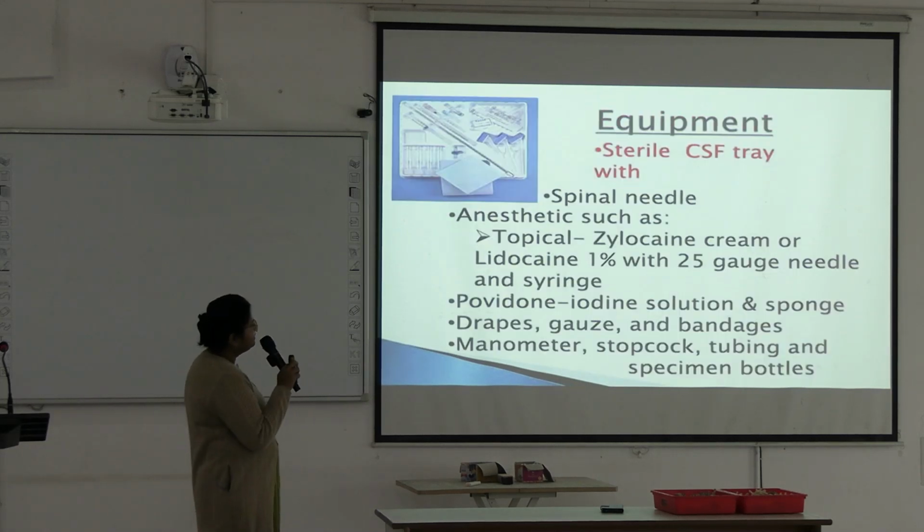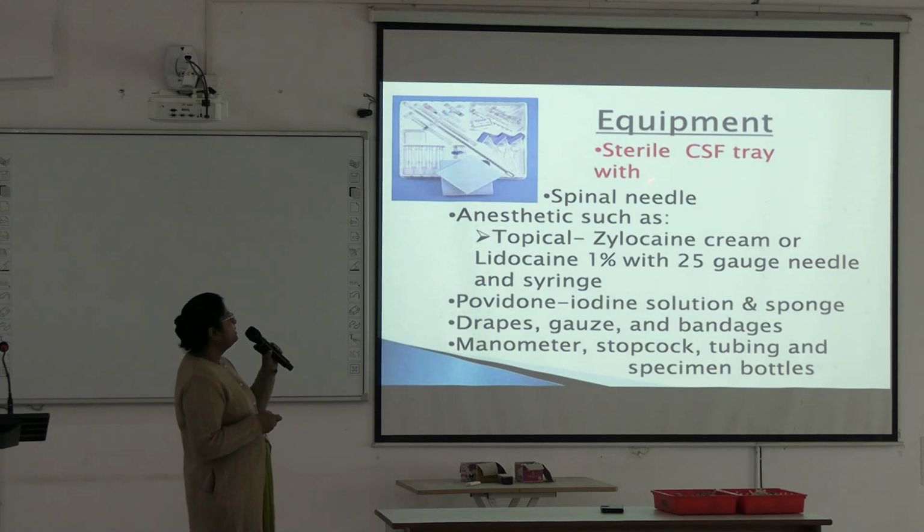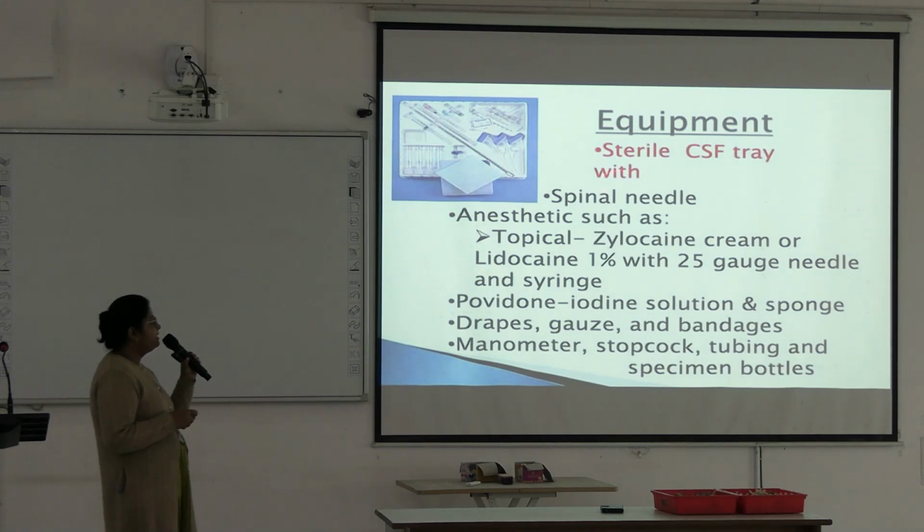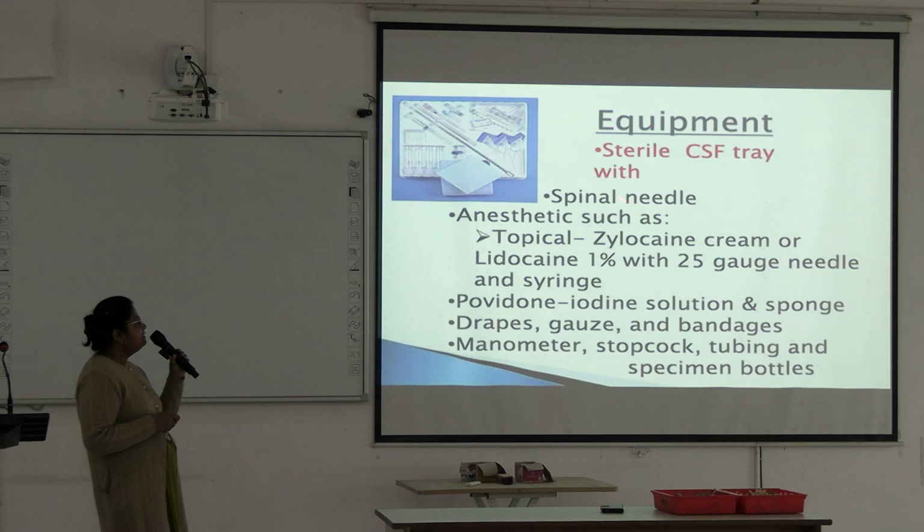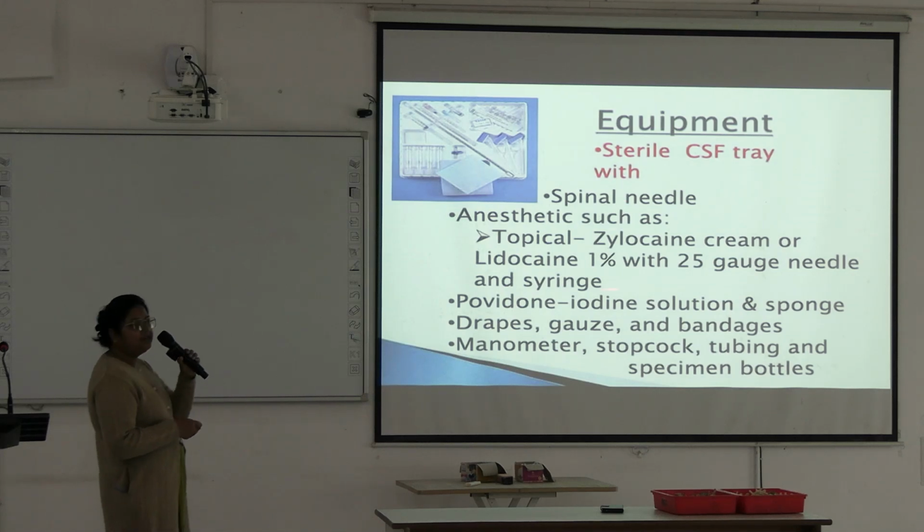Okay. Next, equipment is sterile CSF tray with spinal needle. Anesthetic used: topical anesthetic can be used, Xylocaine cream or lidocaine 1% injection with 25 gauge needle and syringe. Povidone iodine solution sponge for cleaning the area.